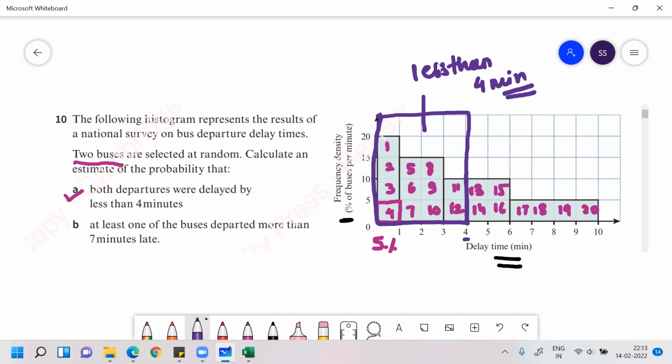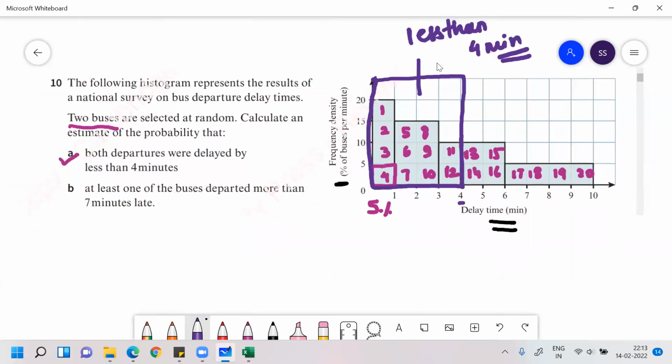Out of 20 rectangles, 12 rectangles represent the frequency where the buses are delayed less than 4 minutes. So the probability that one bus gets delayed by less than 4 minutes is 12 by 20, which is 3 by 5, or 60%.